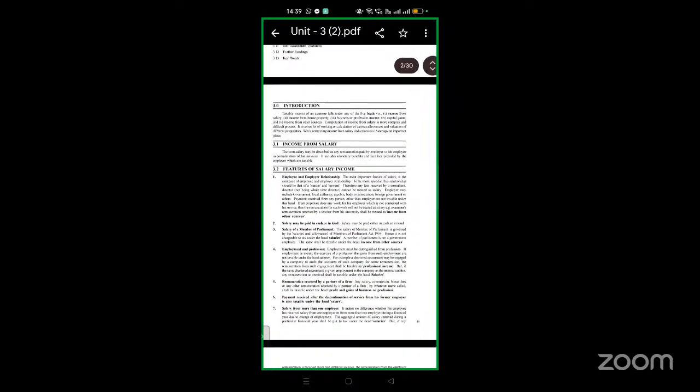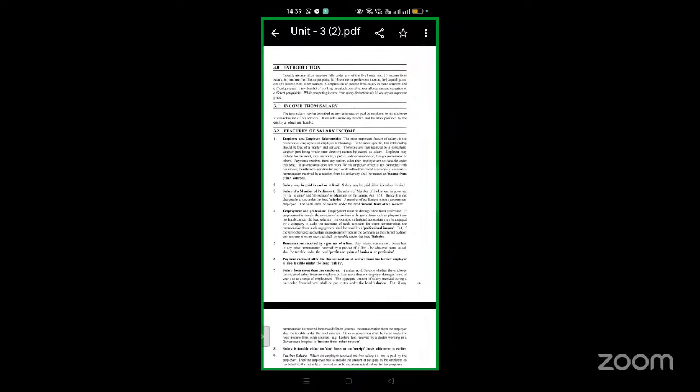So here, features of salary income: we have an employer and employee relationship, and salary may be paid either in cash or in kind. The salary of a member of parliament.